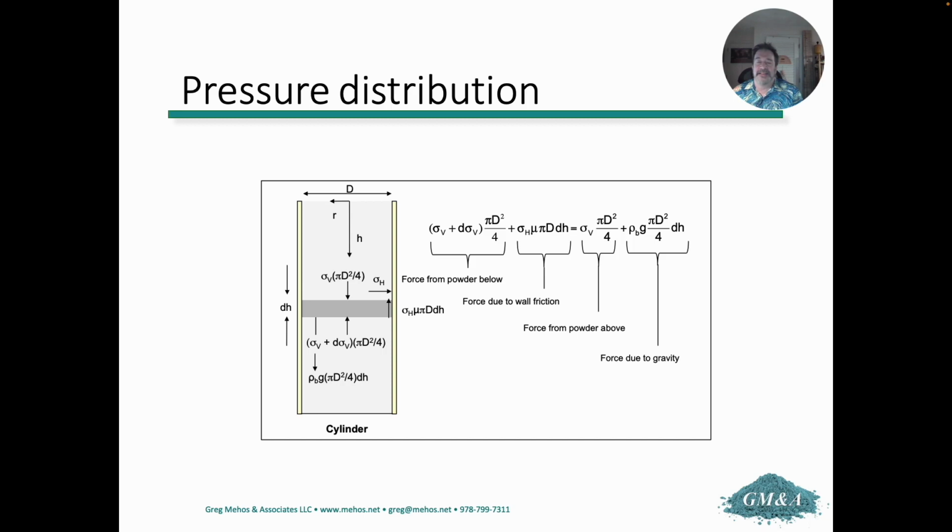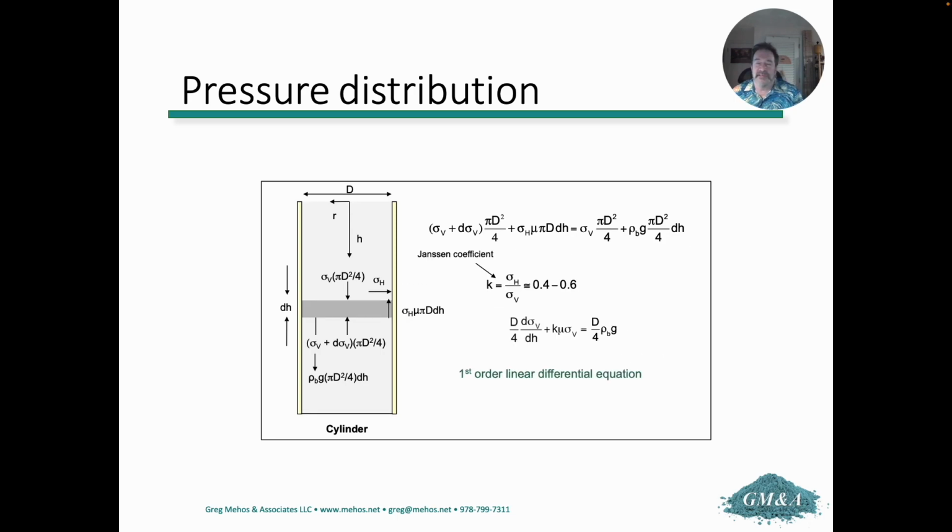Now, these forces will be balanced by the forces from above, which will be sigma v times the cross-sectional area, plus the force due to gravity, which would be equal to the bulk density times g times the volume. So now we have the beginnings of two equations, two unknowns. We have sigma h, the horizontal stress, and sigma v, the vertical stress.